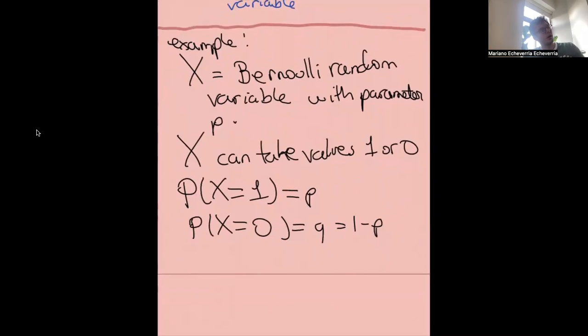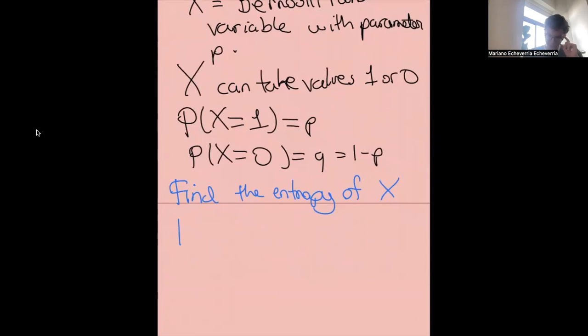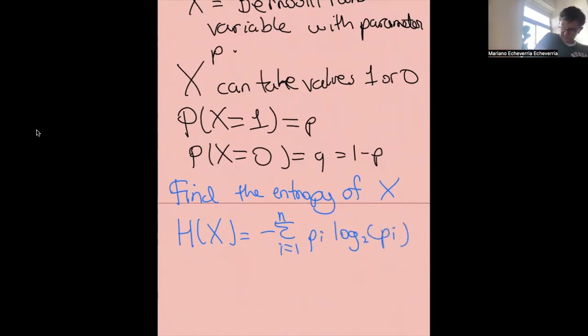And so what's the entropy of a Bernoulli random variable? Now we can find it. Again, the entropy of X is just minus the sum from i equals 1 to n of the probabilities times the log in base 2 of the probabilities.